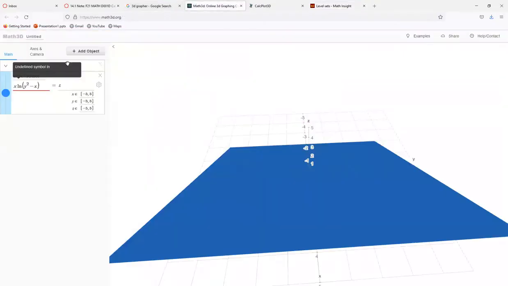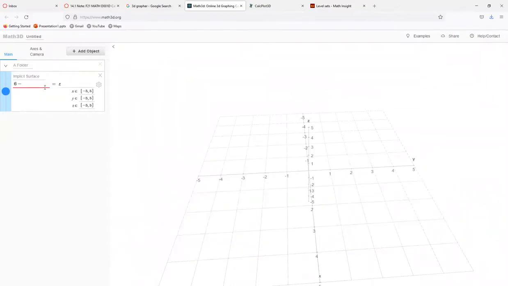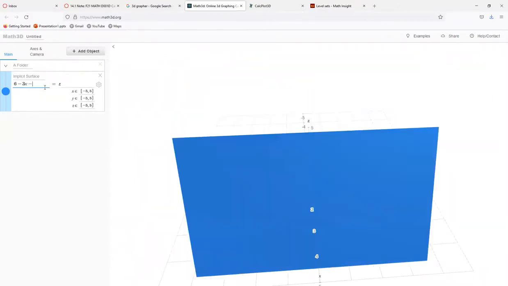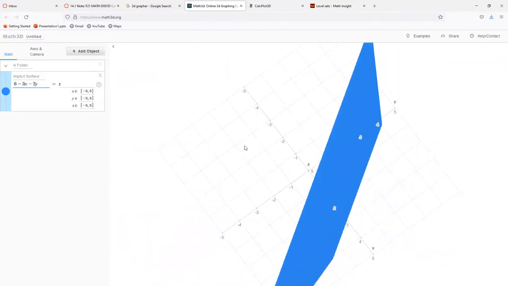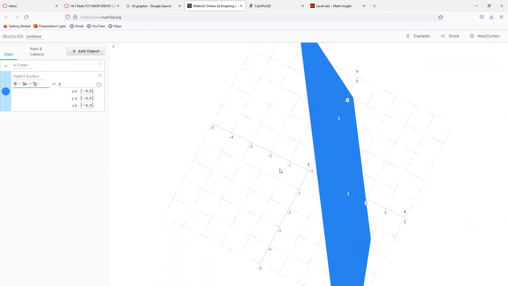So let us take a look at our graph. z is equal to 6 minus 3x minus 2y. As you can see here, you have a plane in space, and you start slicing that by different graphs.